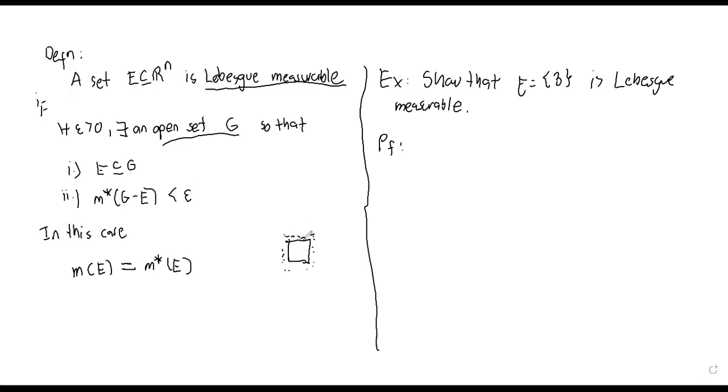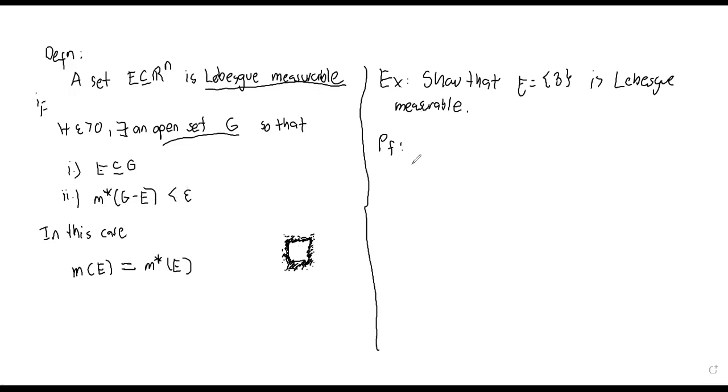Dapat nasa loob ni G si E. And then, when we say G minus E, ito yung nasa labas ni E, pero nasa loob ni G. Okay? Ang sabi daw, dapat itong nasa labas na to ni E at nasa loob ni G, dapat yung Lebesgue outer measure niya is smaller than this epsilon. Okay? So now, let's have a proof.